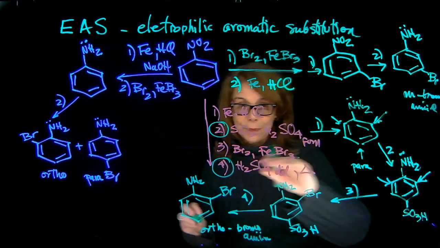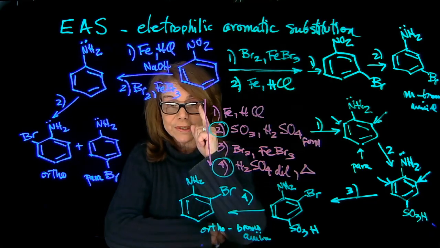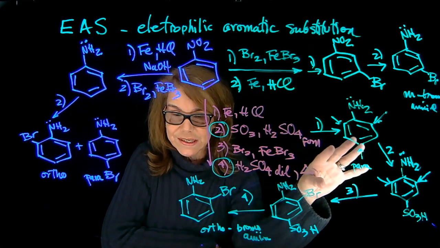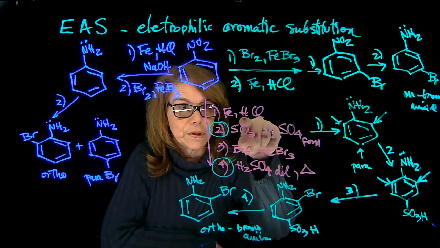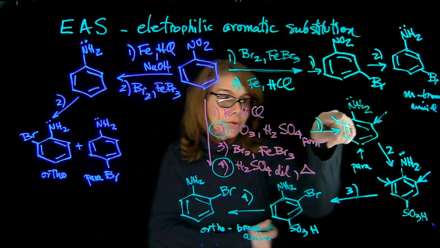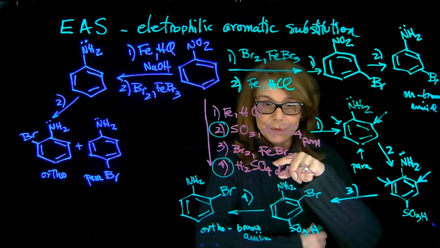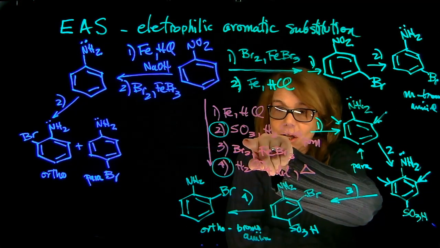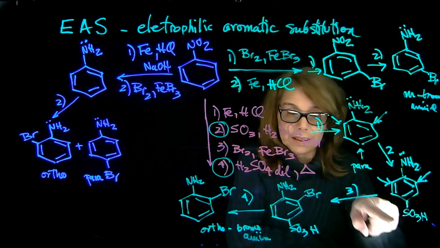But we can get the ortho exclusively if we protect the para position, which is shown in this strategy. So first, the reduction of the nitro group to the amino, then the amino group is activating, ortho-para directing. The sulfonic group is large, so it's going to be installed in the para position.